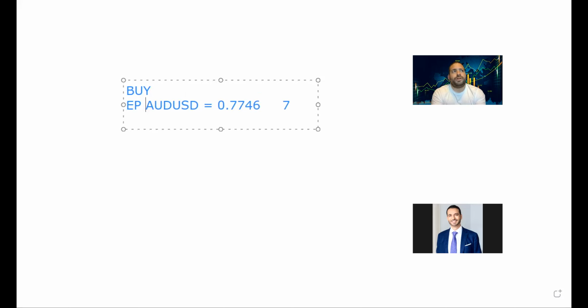Now, guys, I want you to help me out with this. Remember, this is more of a revision for those of you who've completed the 100 and 200 series. But if I am buying AUD USD, will my stop loss be above this price or below this price?